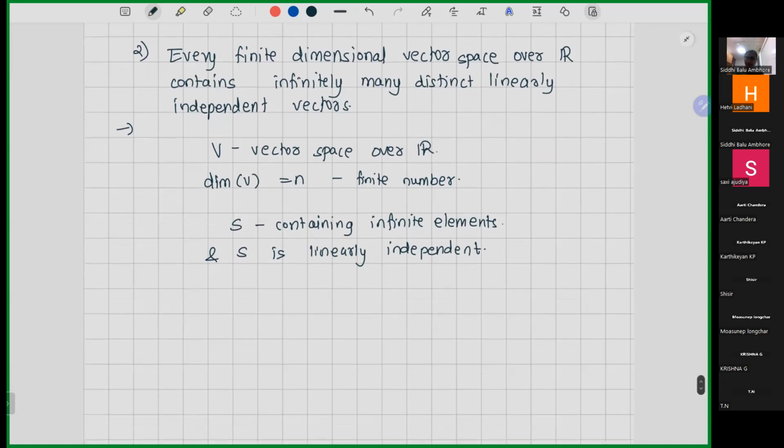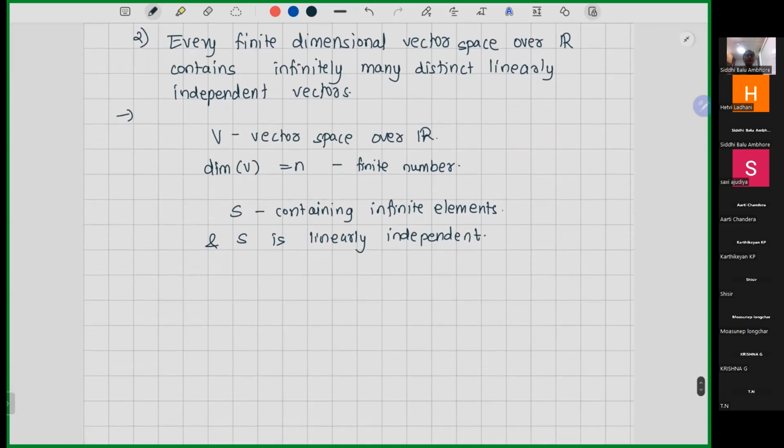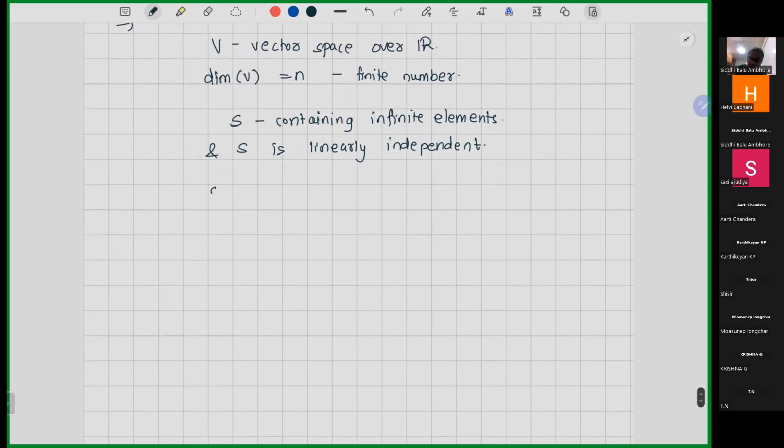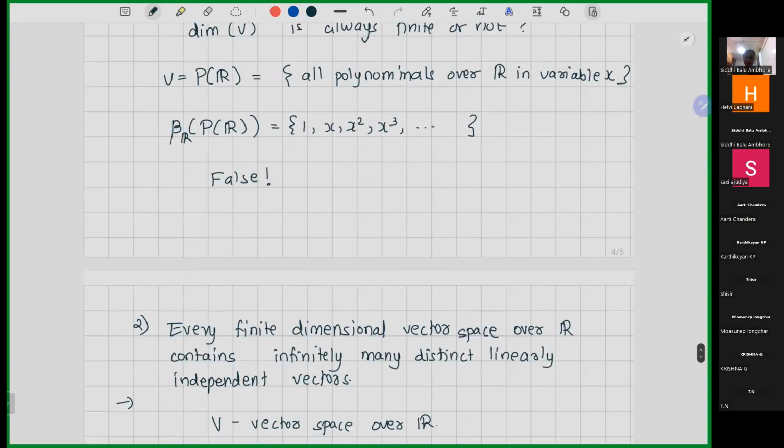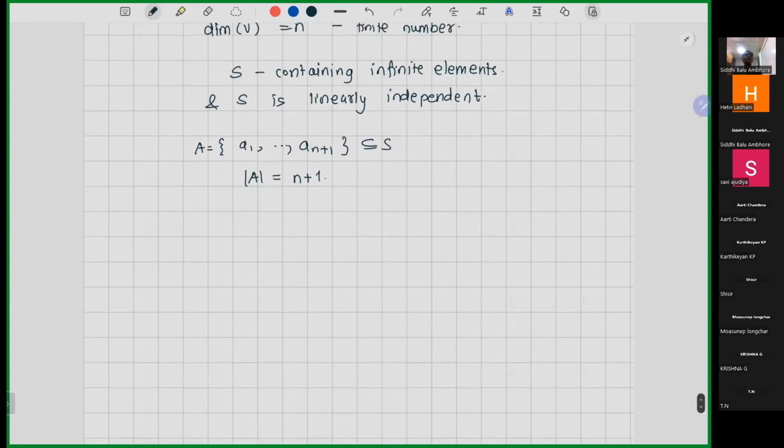Since S has infinite elements, we can choose any n plus 1 elements A1 to A(n+1) in S. This set A has cardinality n plus 1, greater than the dimension, so the set becomes linearly dependent.